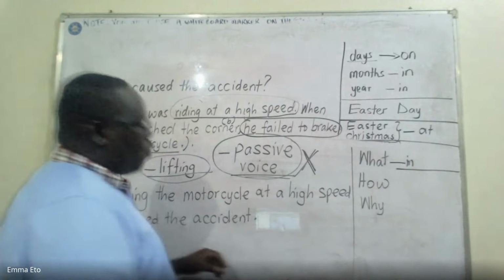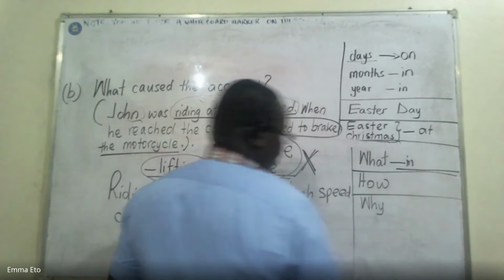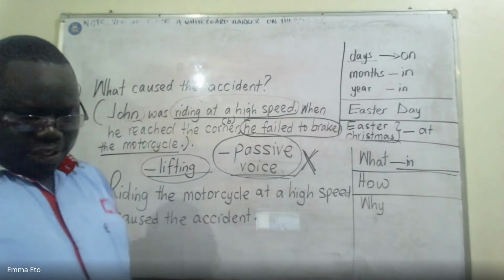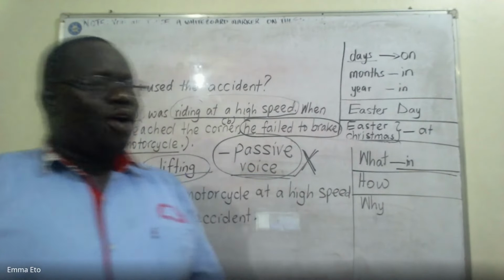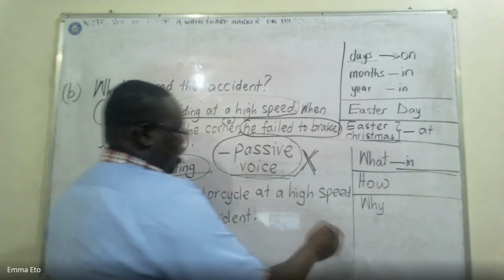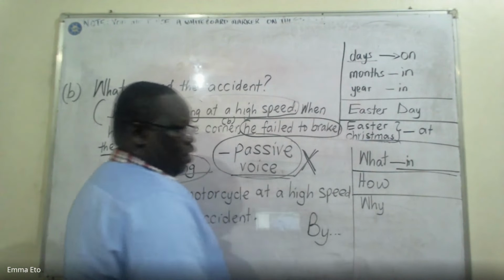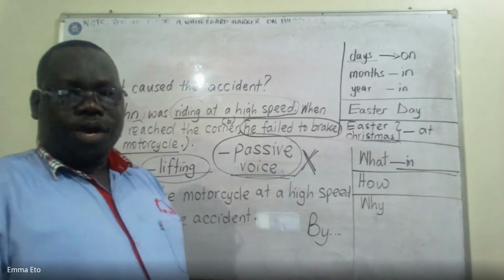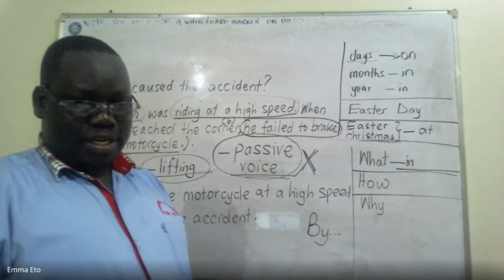Now, a how question is different from a what question. If you ask me in SST and science, how questions normally begin with a by, because you give the method, the way in which something happened.